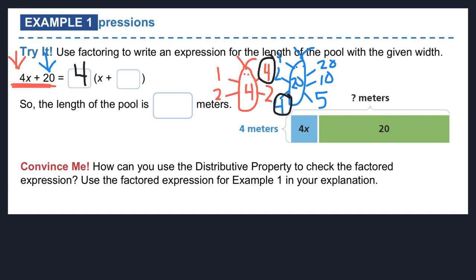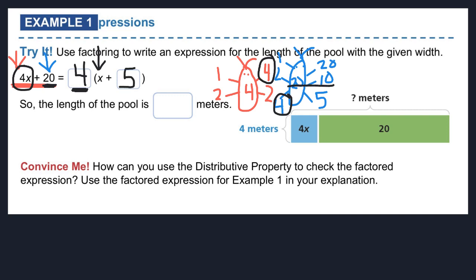Then I'm going to look. I need 4x, and I've got the 4. I was missing the x, and they put it right there. I need 20, and I've already pulled out a factor of 4. The other leg on the 20 bug that goes with the 4 is a 5.